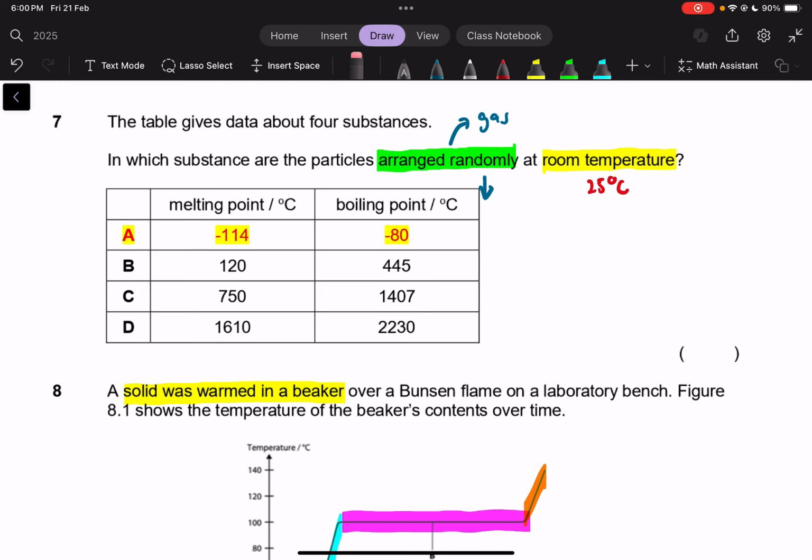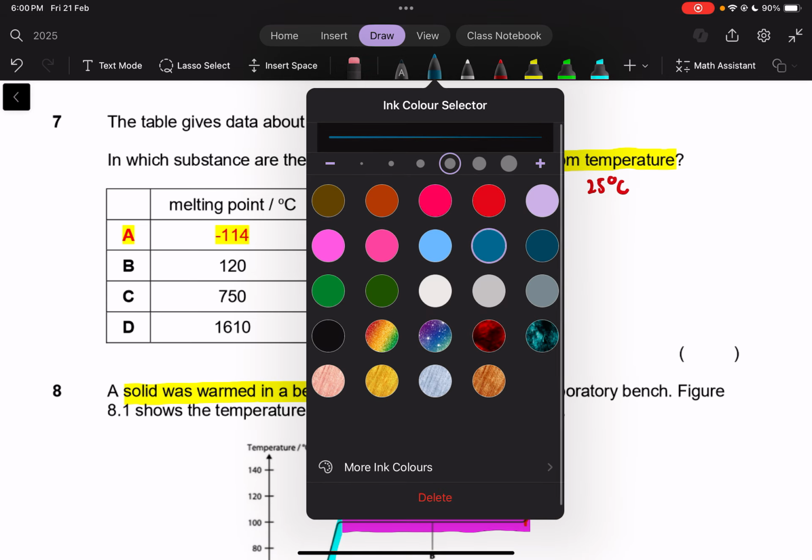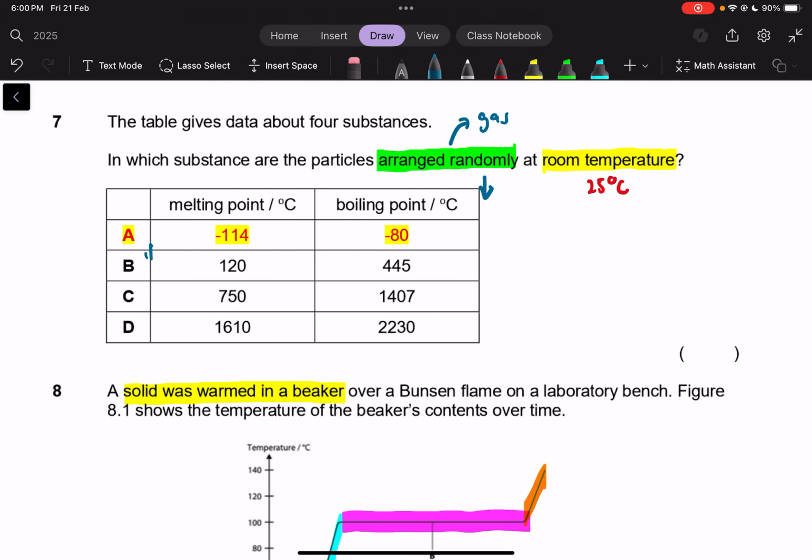So let's look at question B. So room temperature, melting point is 120. So actually 25 degrees Celsius is here. So this one also wrong already. It means that 25 degrees at this range of values of MP and BP, the substance exists as a solid. Then look at question C. C also similar.